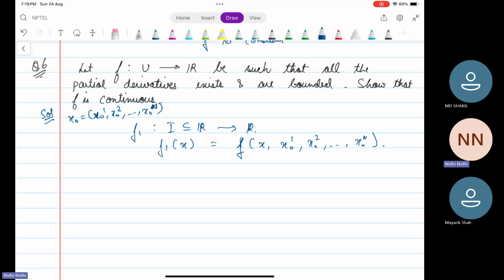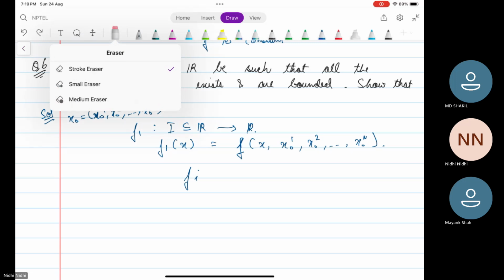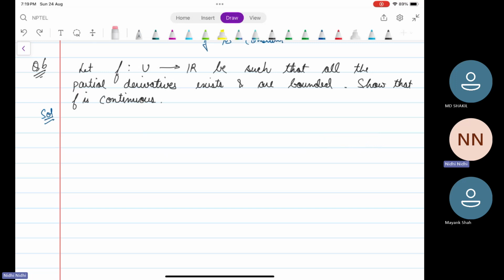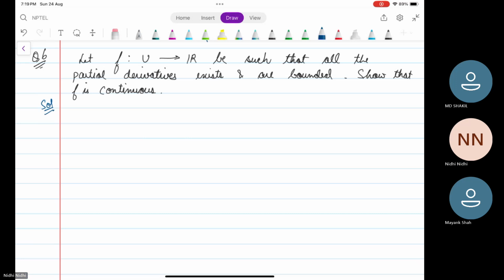In fact, similarly we can define fi. So that's the main idea. Let's see how we'll prove this. The idea is to apply the mean value theorem on these functions fi. So we need to show that f is continuous.